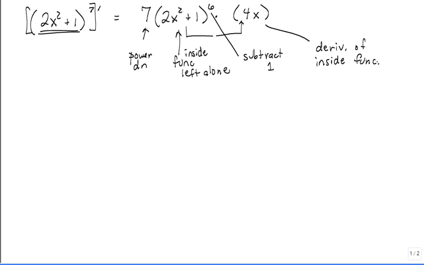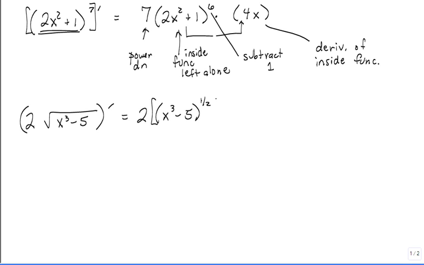All right, we'll look at some of the example homework problems, and let's see, maybe I'll try a few more. Let's try this one with the square root. Okay, 2 is a constant, so 2 is just going to stay out in front. You have to rewrite the square root to the 1/2 power.